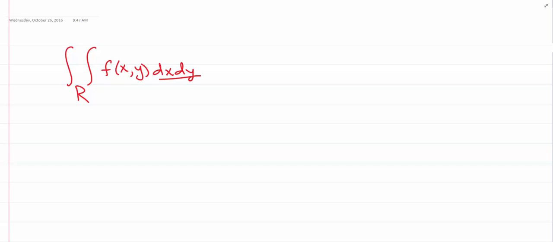But let's suppose I've got this integral. Now this is going to give me volume, right? What do you think would happen if I didn't have f of xy in there as anything but 1? Let's suppose f of xy was just 1. In other words, we had this integral. What do you think that would be?